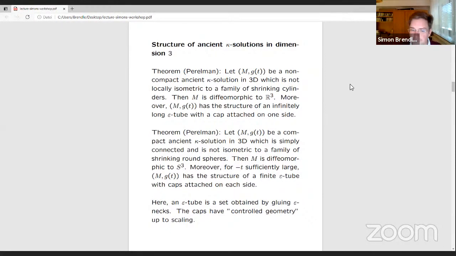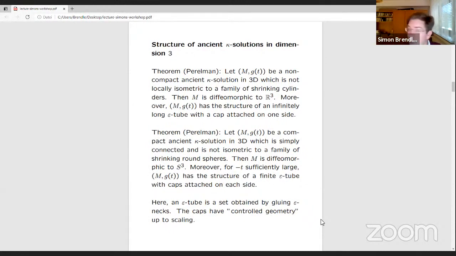topology you want. Now, there's a companion result in the compact case, and in that case, the result is that either you get a family of shrinking spheres or a quotient of that. So let's assume the solution is simply connected, that will get rid of the quotients.